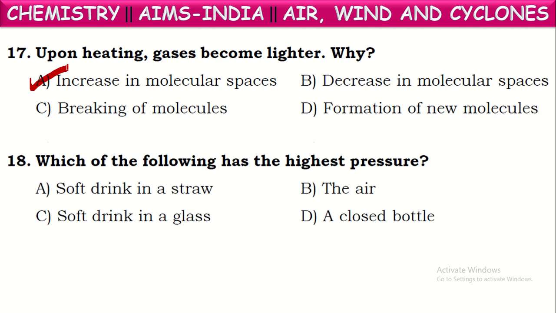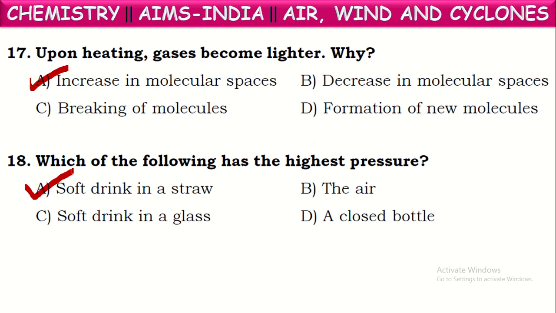Next, which of the following has the highest pressure? See, in which condition will the pressure be highest? Soft drink in a straw, the air, the soft drink in the glass, or a closed bottle. Out of these, the soft drink in a straw will face the highest pressure because we suck through that straw.